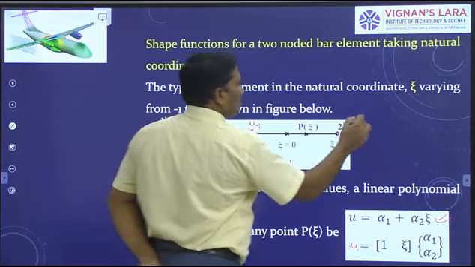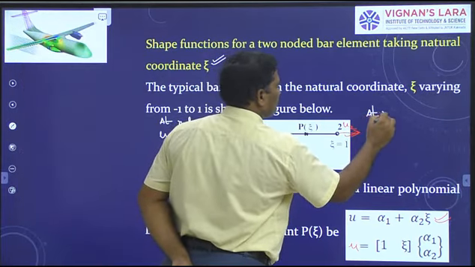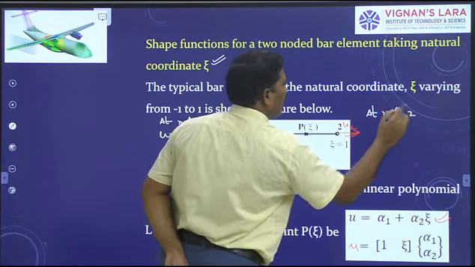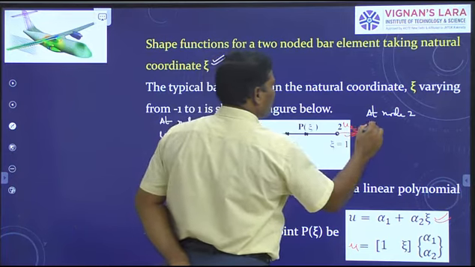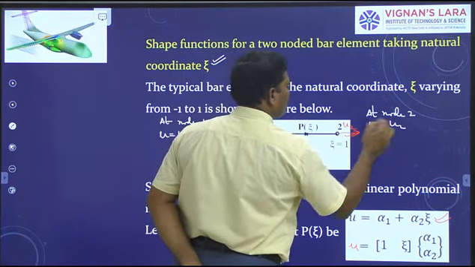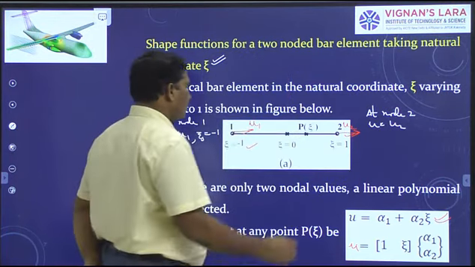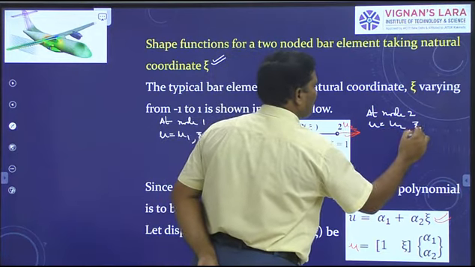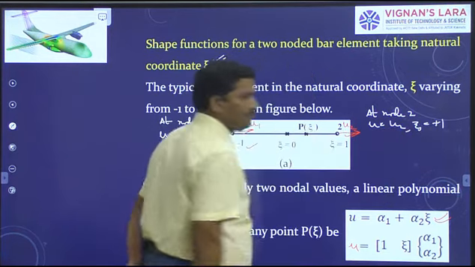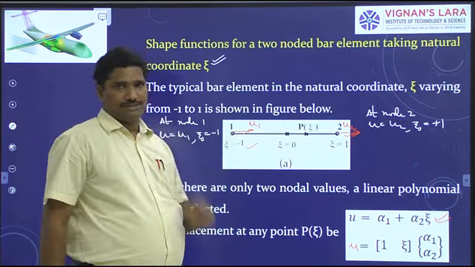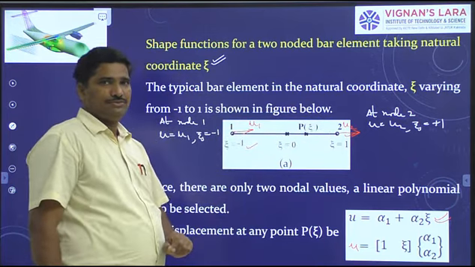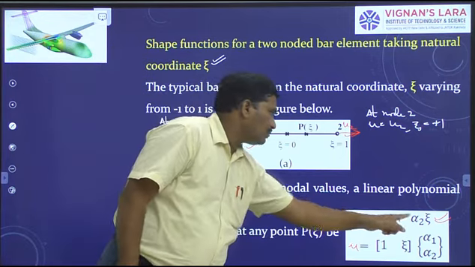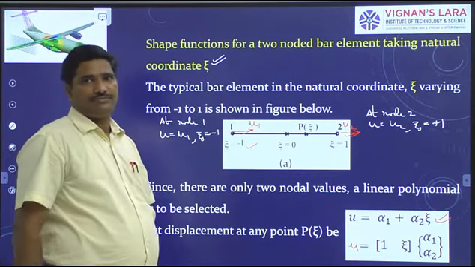And at node 2, okay, u equals u2. And for the same node, ξ equals plus 1. There are two conditions. These two conditions we use to determine two unknowns, alpha 1 and alpha 2.